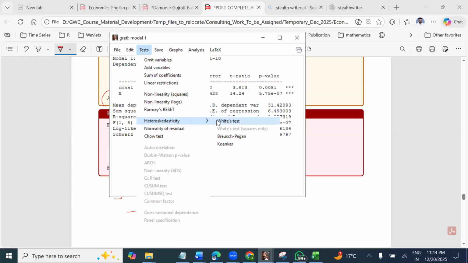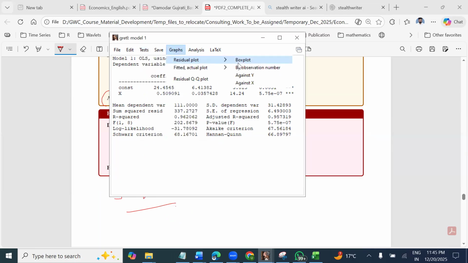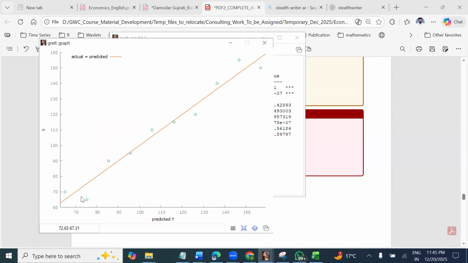Under heteroscedasticity, these are the tests there: White test, Breusch-Pagan, and another test here, Koenker. Now we will test our residuals. Suppose you want to see the residual, I'll show you. Fitted versus actual: this is our predicted Y, and this is our regression line.